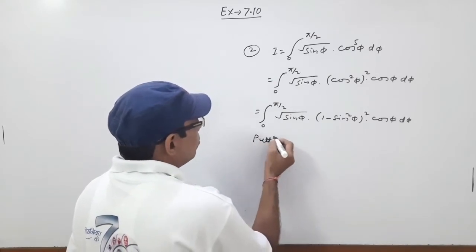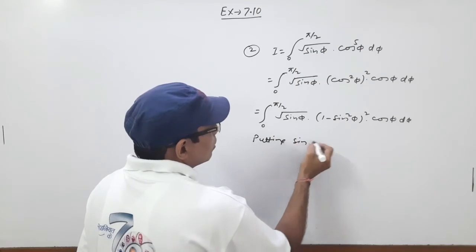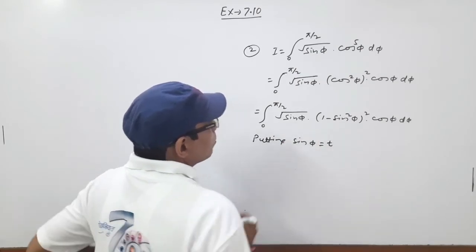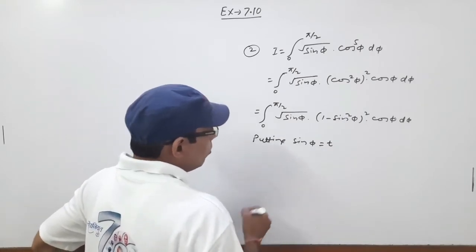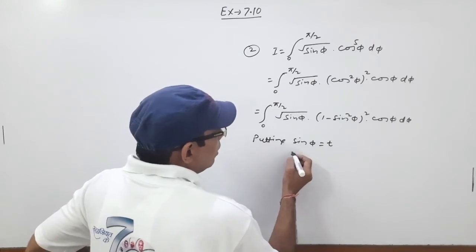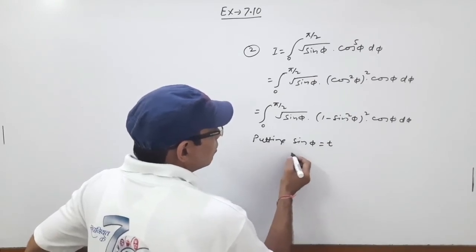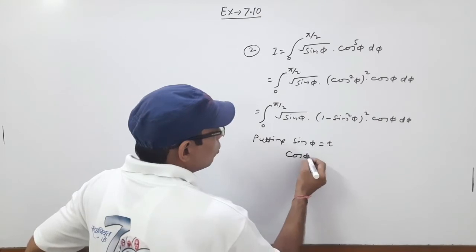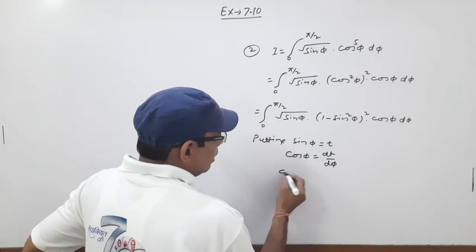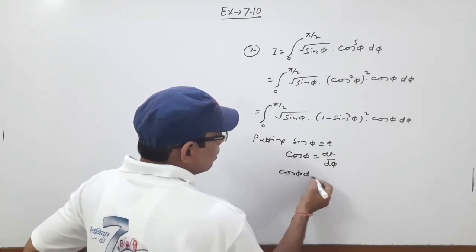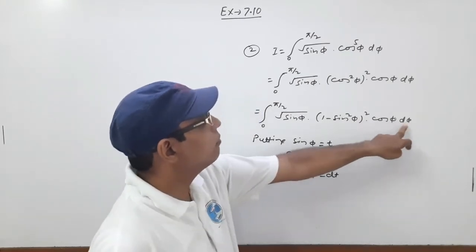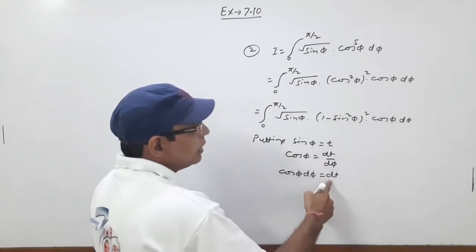Now we are putting sin phi equal to t, differentiating both sides with respect to phi. We have the differentiation of sin phi is cos phi, so dt upon d phi, we can write as cos phi d phi equal to dt, because we have in the question cos phi d phi, its value becomes dt.